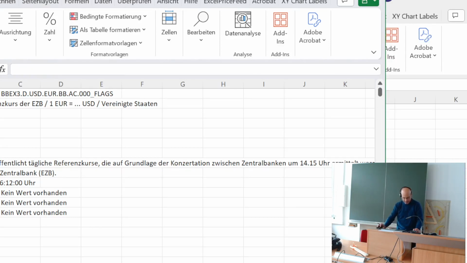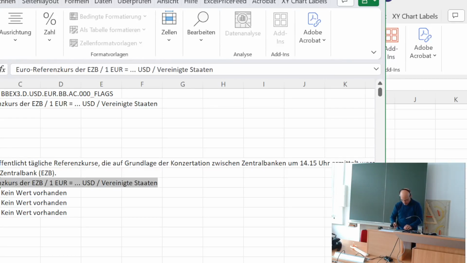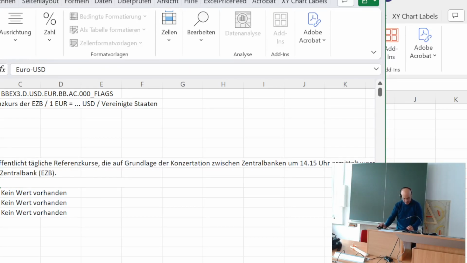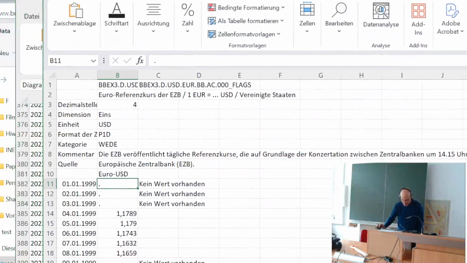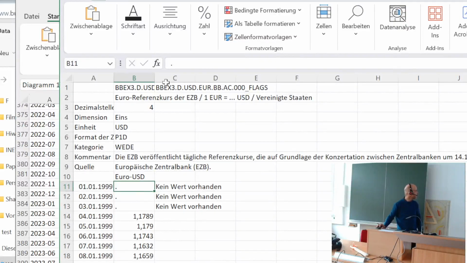So then euro, US dollar. And for this, if you then directly want to create a diagram and there's some data missing, then sometimes you have a problem. Oh, you don't see this, sorry. Here you see that the data is missing at this part.